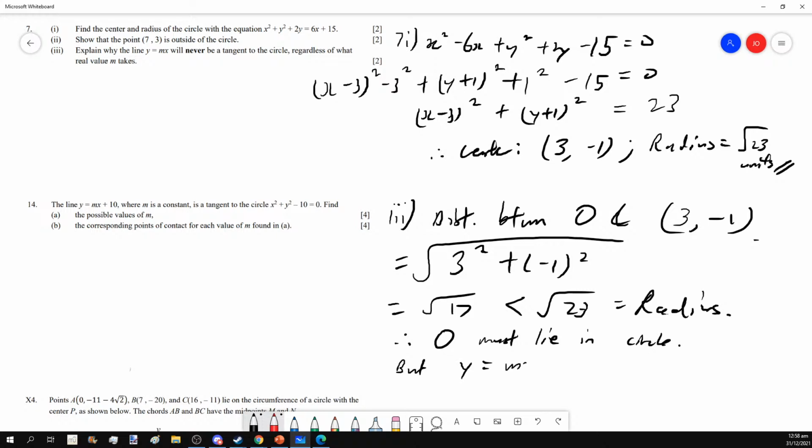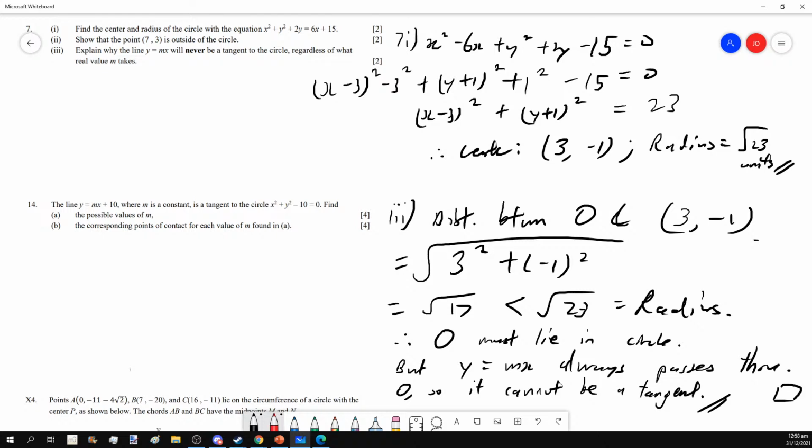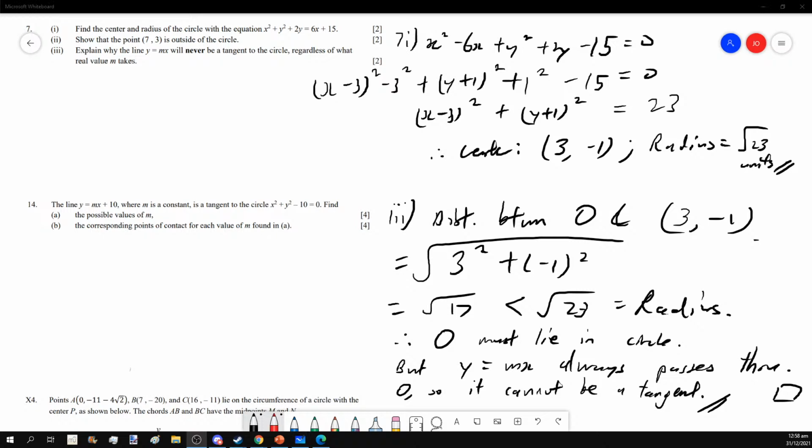But the line y equals to mx always passes through O, so it is impossible for this line to be a tangent. And this completes the proof. QED. Right, some simple geometric consequences.